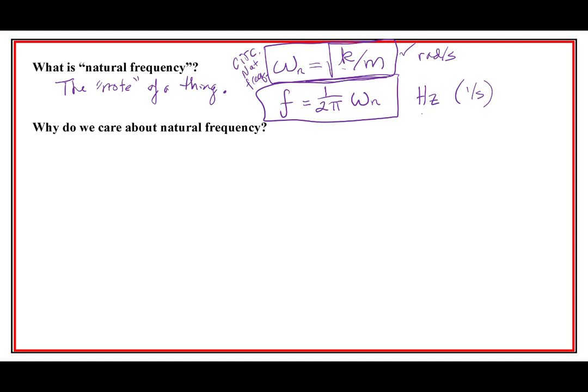And why do we care about natural frequencies? Well, a lot of it is the same thing we mentioned in the first video. We worry about resonance. And resonance is when you match the natural frequency with a source, with an oscillating source.